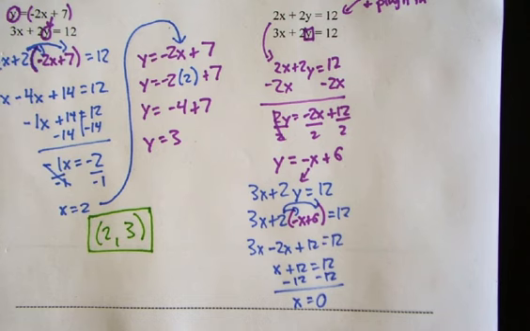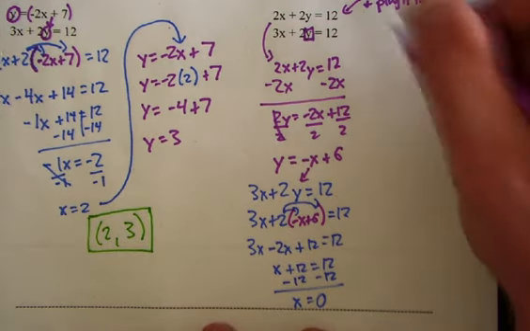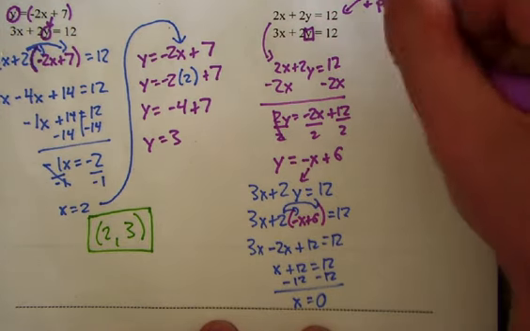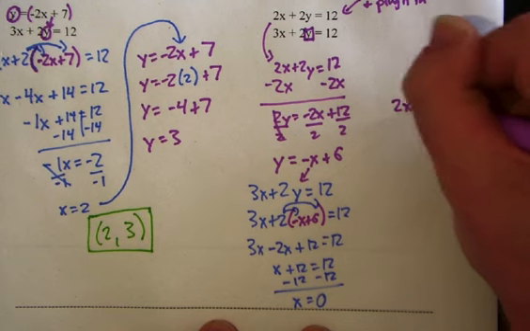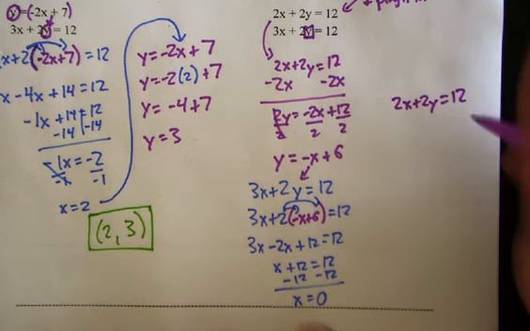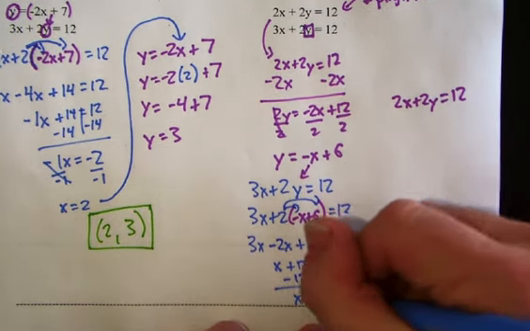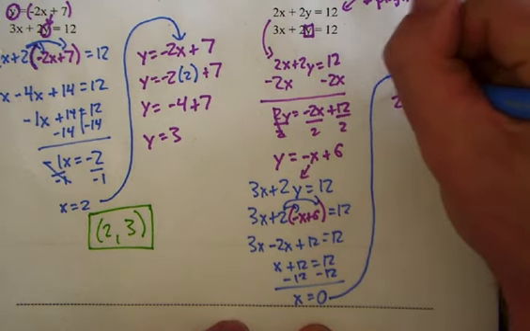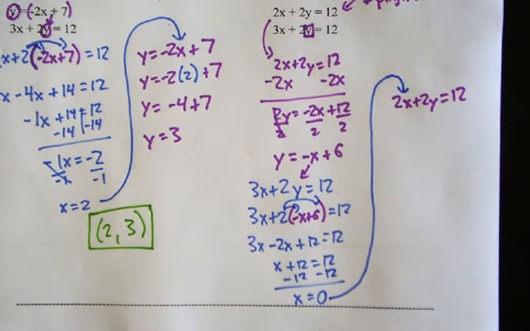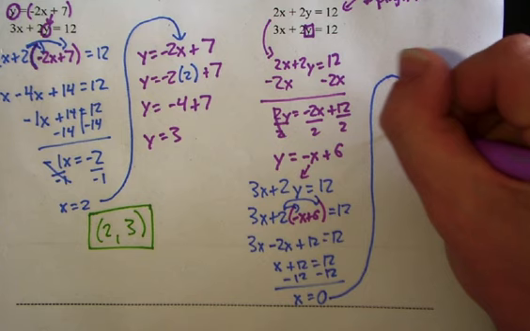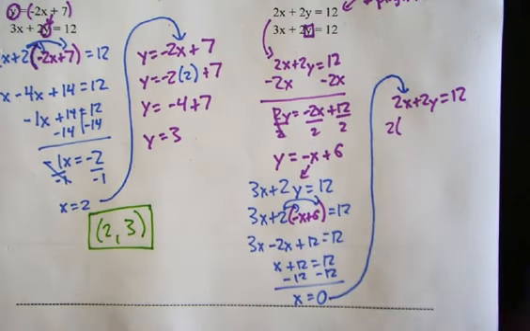I'm going to come back to this other equation, which was 2x plus 2y equals 12, and I'm going to plug in x equals 0 for x, because we know x equals 0. So we've got 2 times 0.